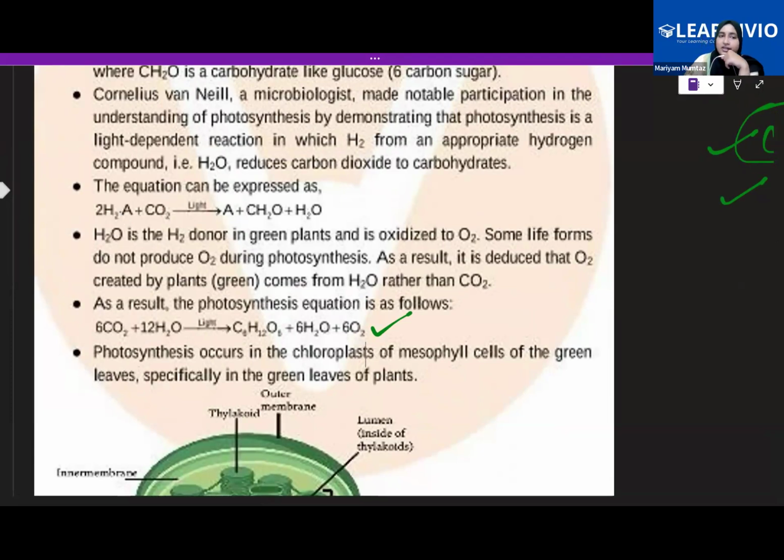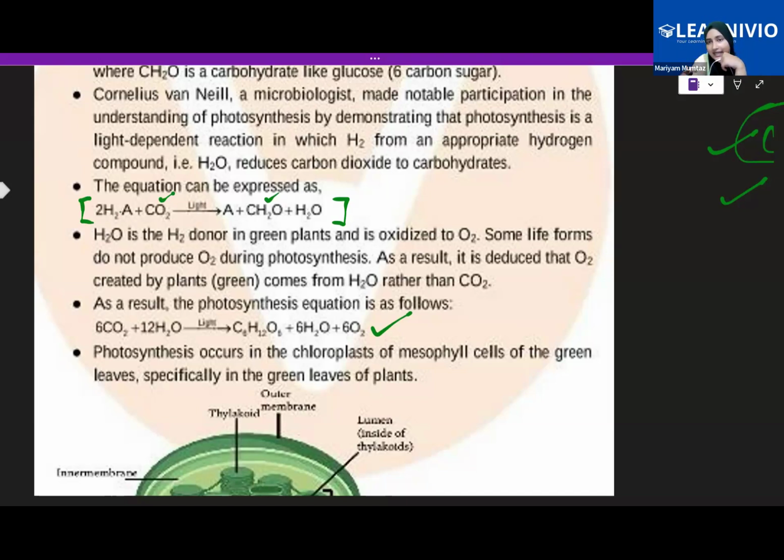For example, they are showing you this as an empirical formula to show you that when photosynthesis is being done, this CO2 is getting converted into the CH2O, which is the empirical formula for glucose. Whereas in this H2A, the A here would represent the oxygen.